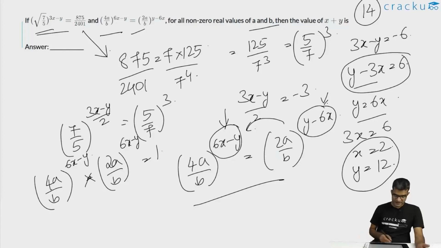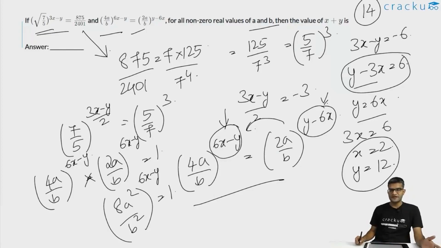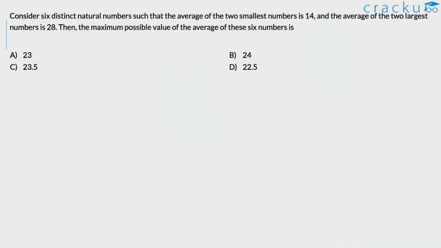Clearly this will happen only if (8a²/b²)^(6x − y) is equal to 1 for all values of a and b. That will happen only if 6x is equal to y. So the answer is x + y is equal to 14.